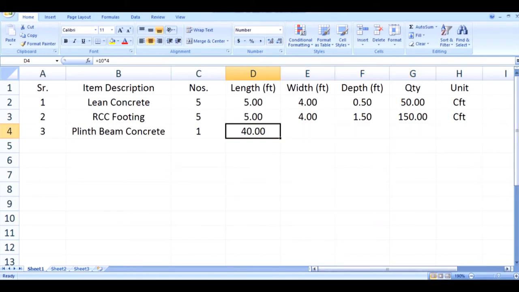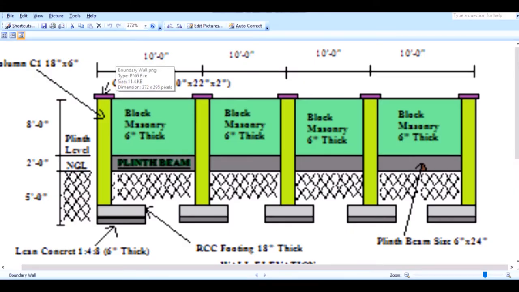After writing 40, please concentrate on one thing here. The length of masonry wall is 40 feet, but from the plinth beam quantity we will deduct the quantity of column. The column size is 6 inches by 18 inches.